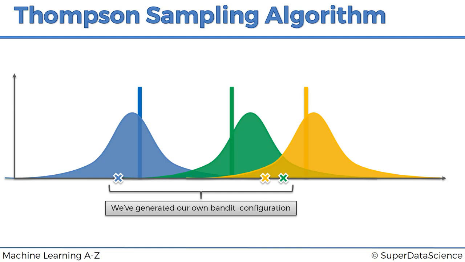We have created this hypothetical, imaginary set of machines in our own virtual world, where we're saying the actual expected return for the blue machine is this value, the actual expected return for the green machine is this value, and the actual expected return for the yellow machine is this value. We've created this pseudo world, or hypothetical virtual reality, in which we have our own three bandits.